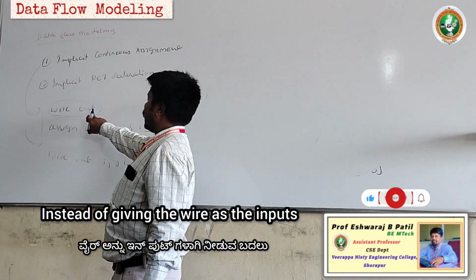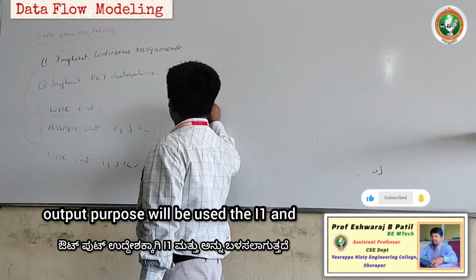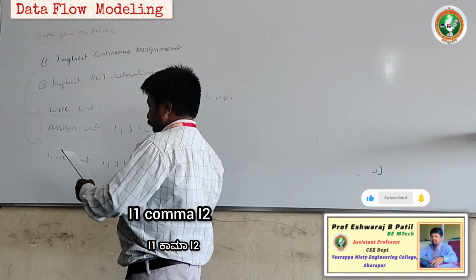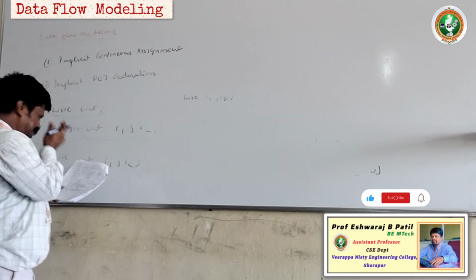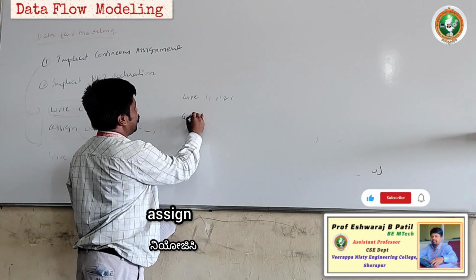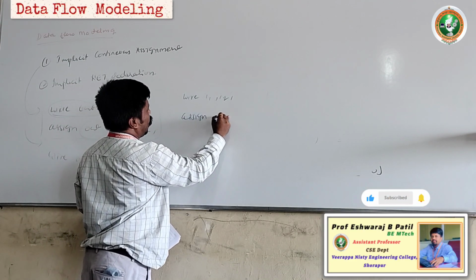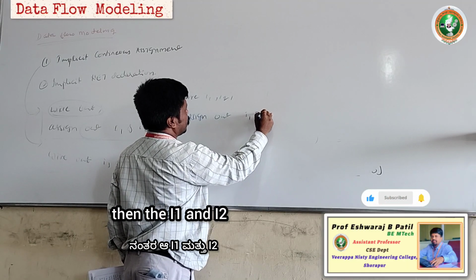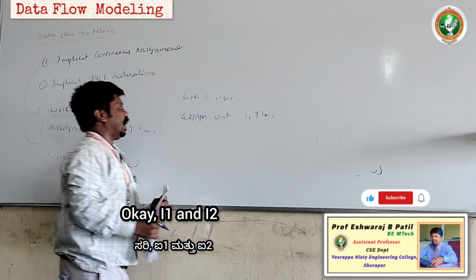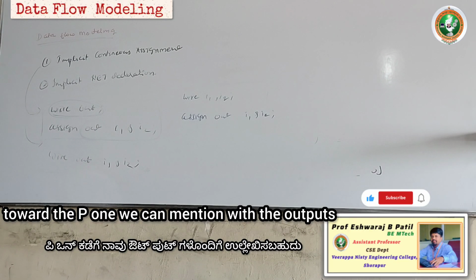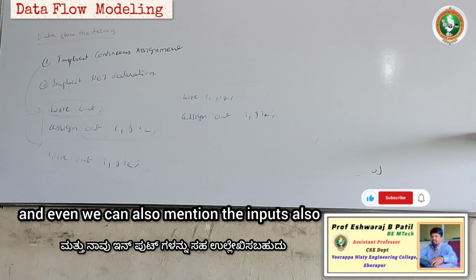Instead of giving the wire for the output, we use I1, comma I2, then assign out, I1 and I2. The assign keyword can be used with the outputs, and we can also mention the inputs.